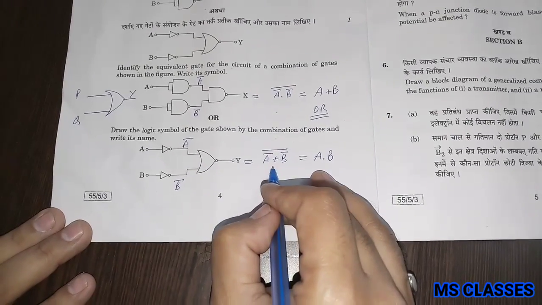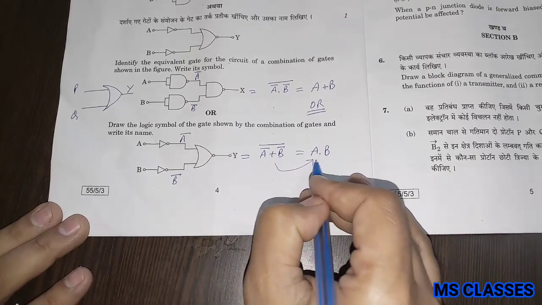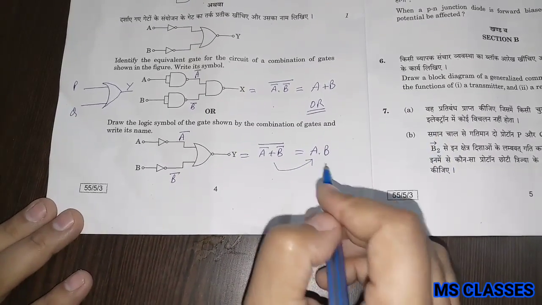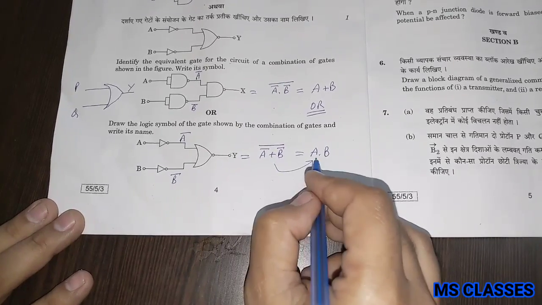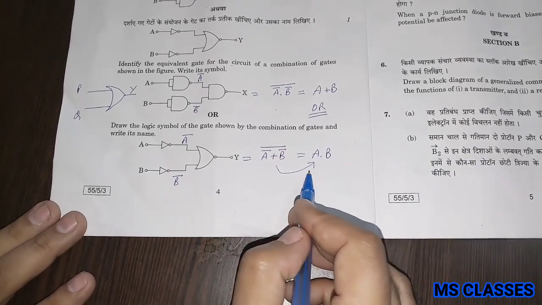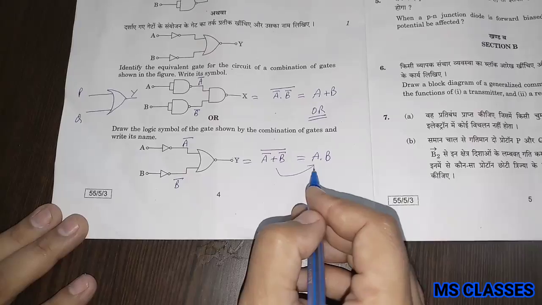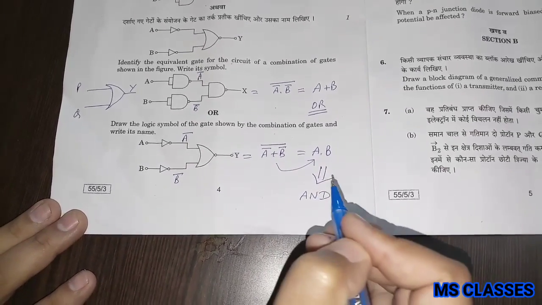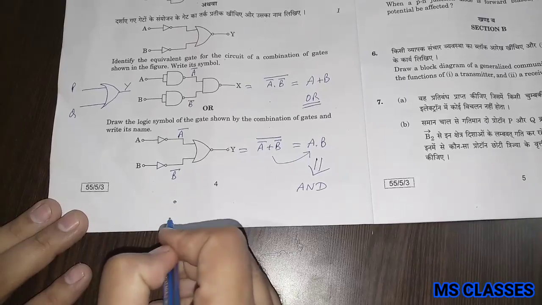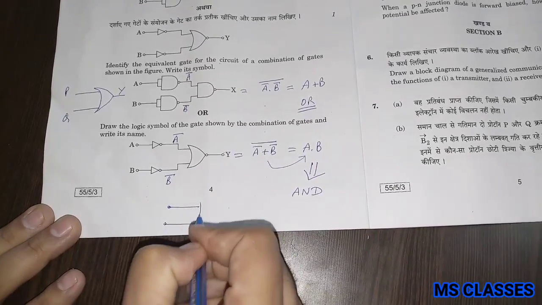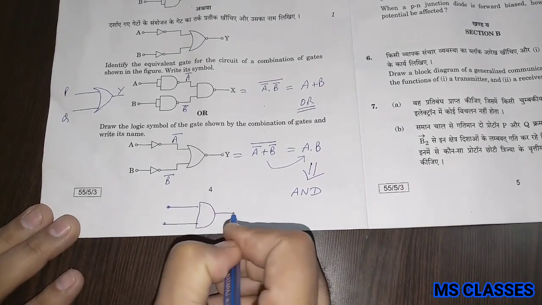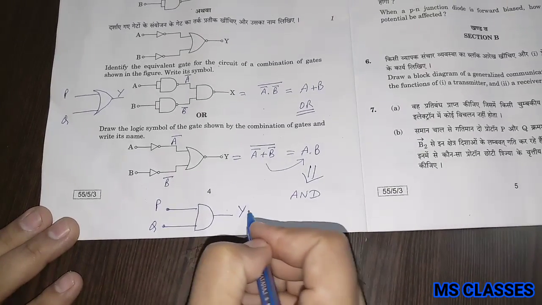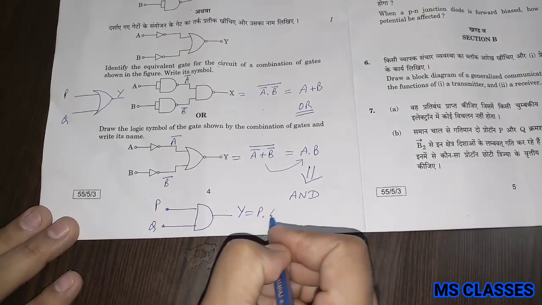So if you want to calculate whether I am getting A dot B or not, just draw the truth table on the rough page. Or you can get this by using the Boolean algebraic expression. So as this is the AND gate, the symbol would be this. If this is the input, we get the output Y, which is P into Q.